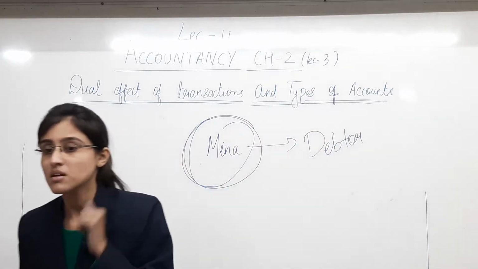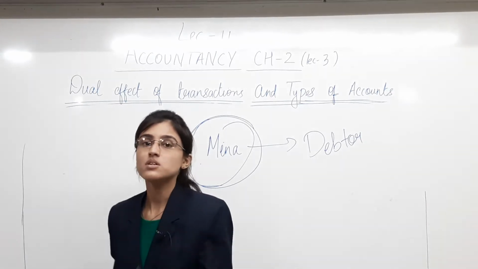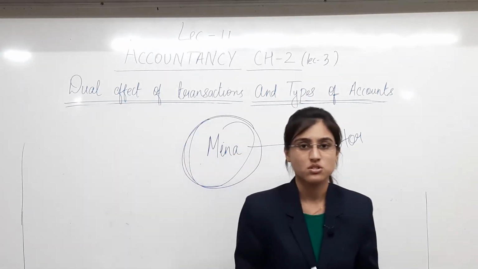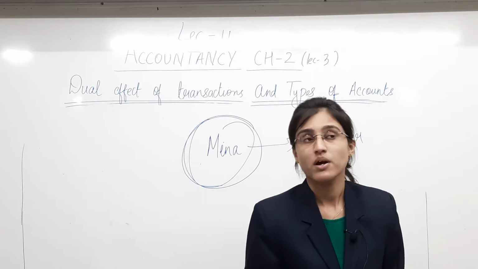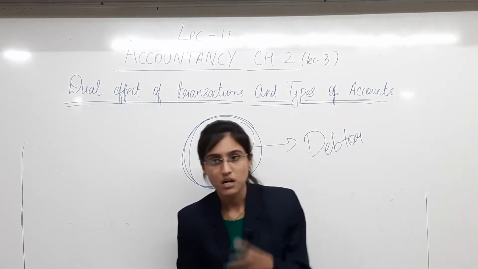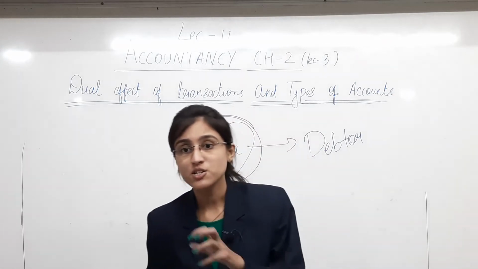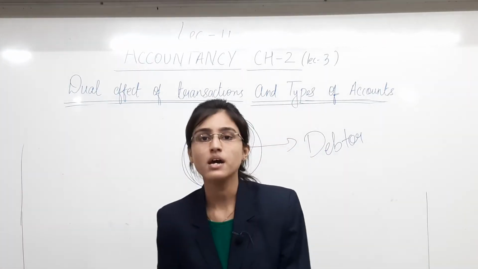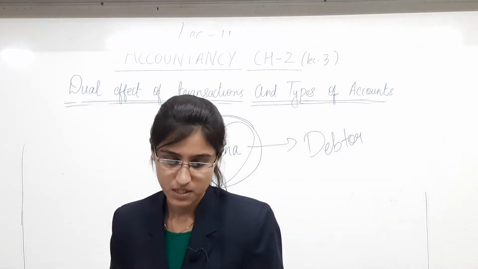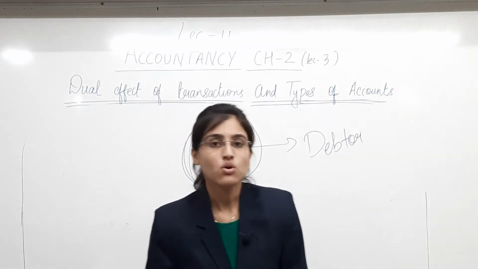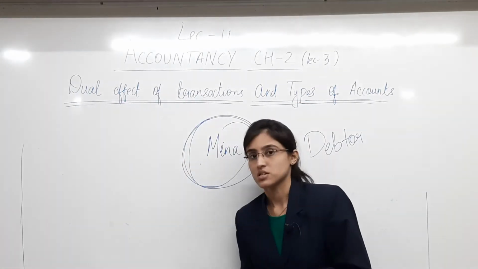But you may think, ma'am, even the name of the person is mentioned, so why not a credit transaction? But try to understand. It says that you have sold those goods for cash to Nutan. So this is a cash transaction.